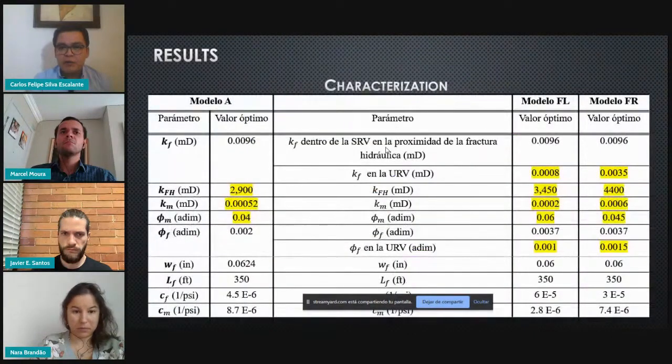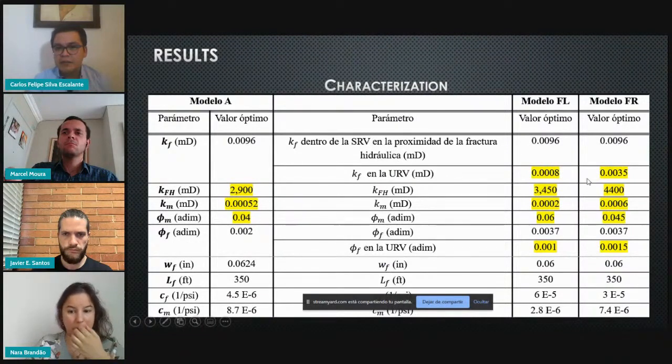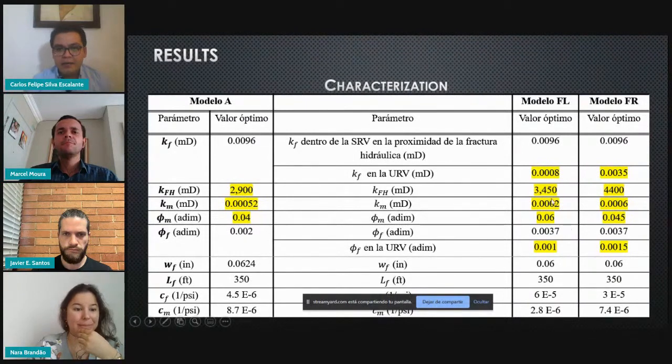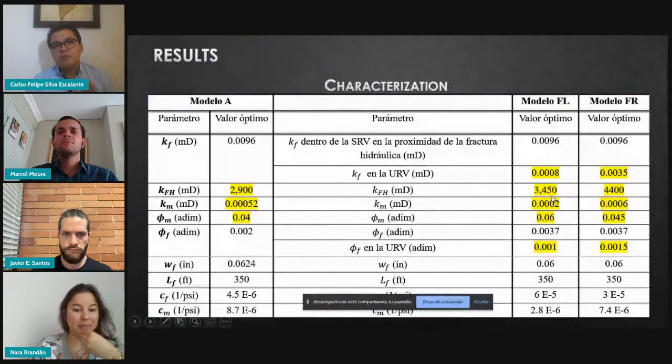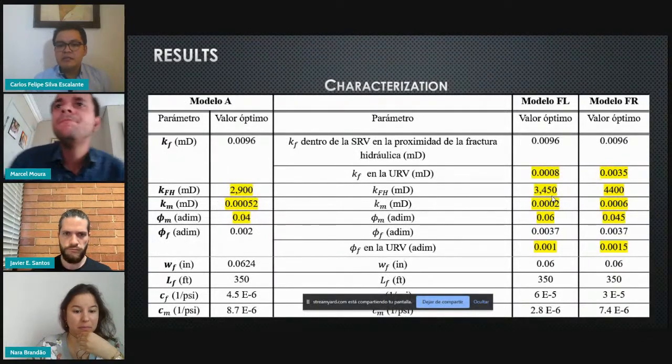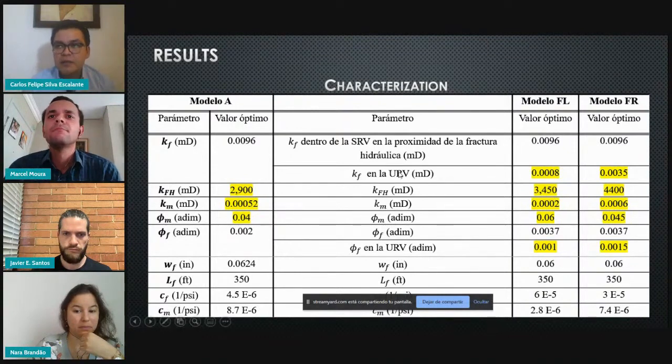Then if we compare these results in the A model, we have lower values in the hydraulic fracture permeability compared with the FR model and FL. And one advantage of these fractal models is the results in the URP, like this.